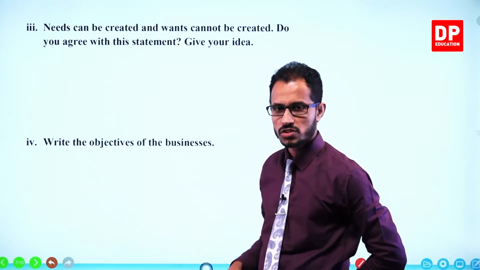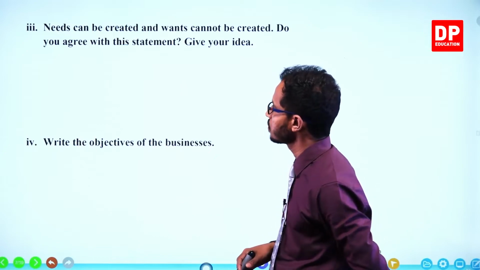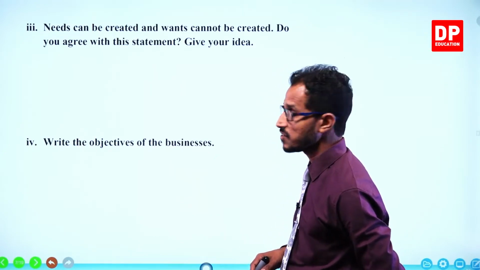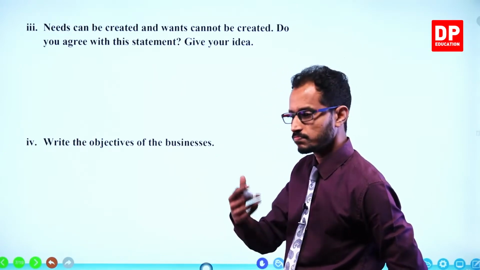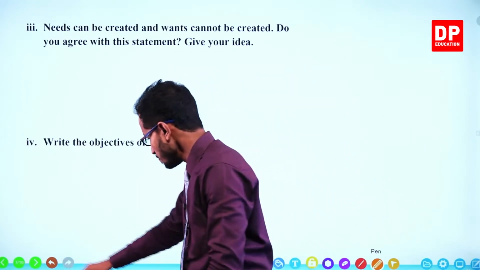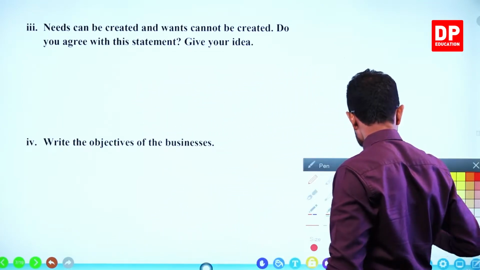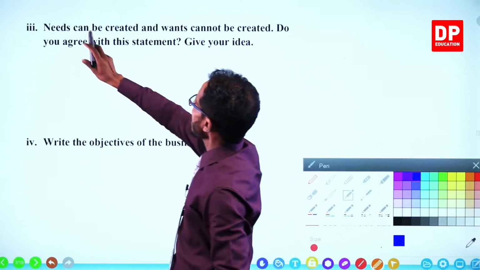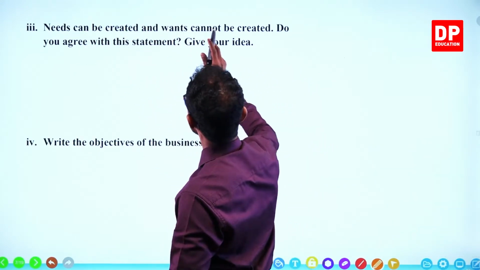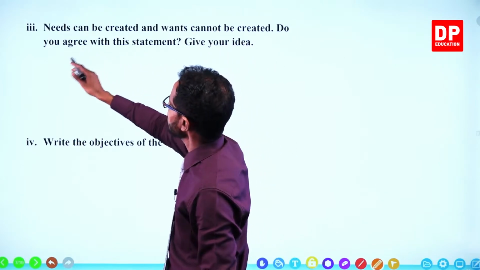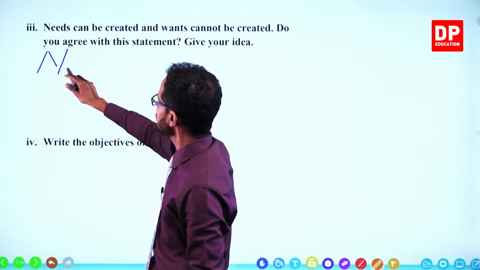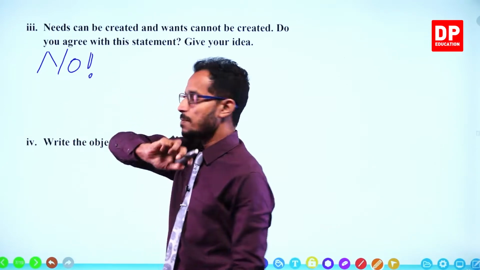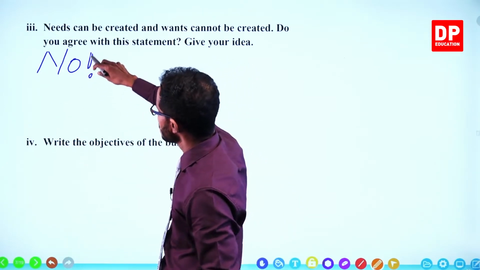Well, no, of course not. It's wrong. Give your idea. I'll write no here. Needs can be created. Wants cannot be created. Do you agree? No. With an exclamation mark. No.